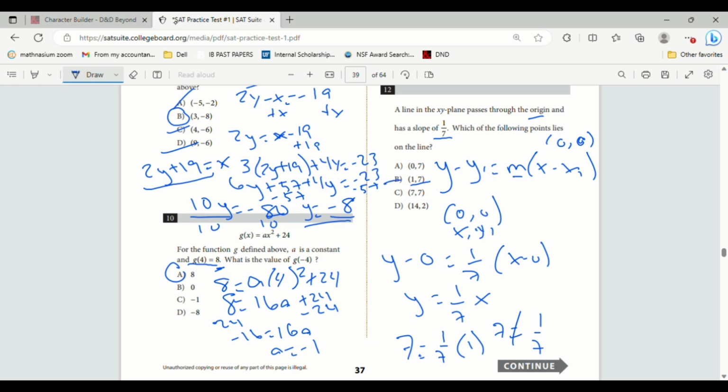Let's try plugging in d, for example. If I plug in 14 for x and 2 for y, I get 2 equals 1/7 times 14. 14 times 1 divided by 7 is 2, so 2 equals 2. So this is correct. So 12 is D.